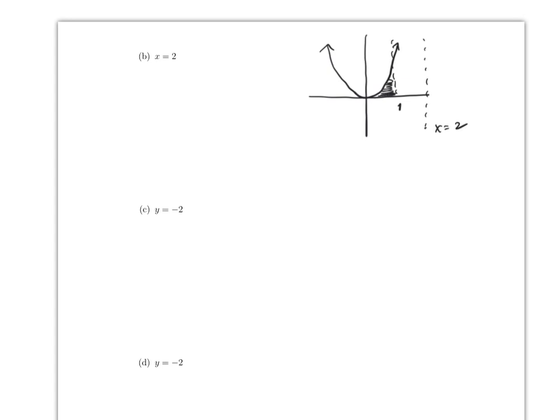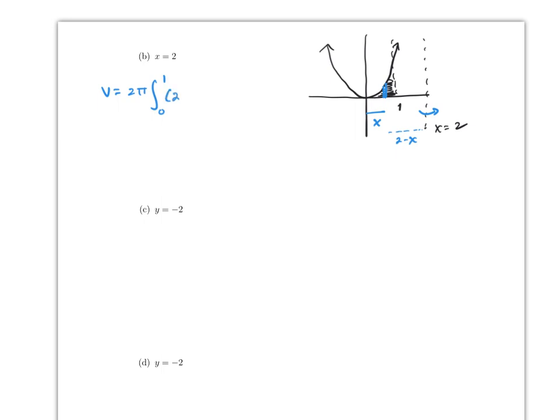The partition is, remember, parallel to the axis of rotation. The distance between here and here is still x, but the distance between here and here is 2 minus x. So therefore, the volume is going to be 2 pi integral from 0 to 1.